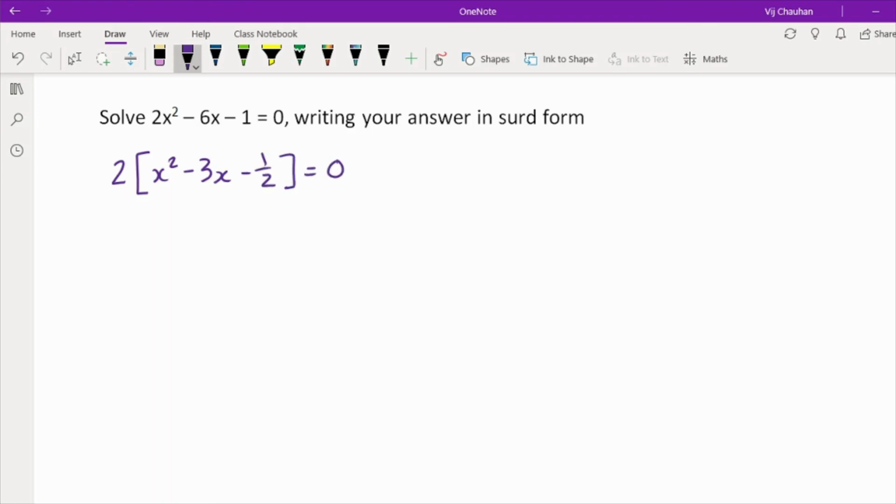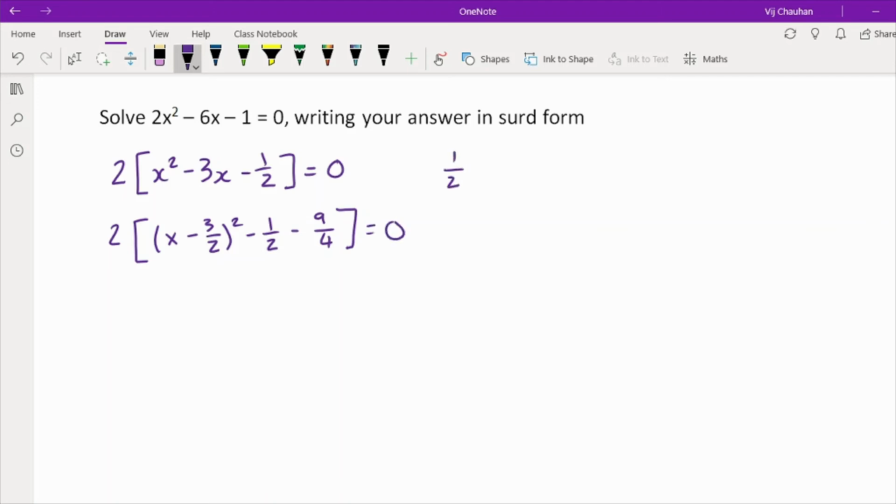And again, always remember to write equals 0, because the examiners are now taking away a mark from students who aren't doing this, because we are actually solving. And then going through the stages of (x minus 3 over 2) squared minus a half minus 9 over 4. Now obviously with practice you'll get familiar with this, and you'll skip a few stages.